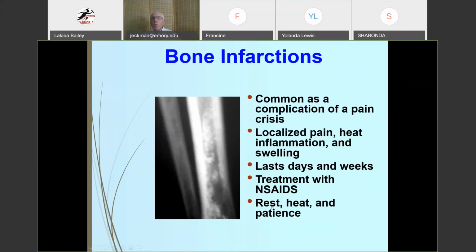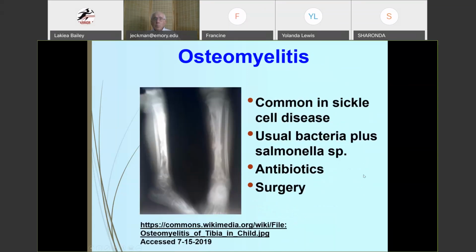You also want to rest the area. Applying heat will sometimes help improve the blood flow. The bottom line is it takes patience, because this will resolve completely. The bone will heal and the pain will go away. But as I said, it doesn't happen overnight, and it often takes several days to several weeks.